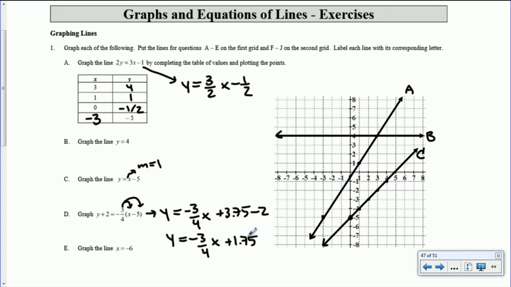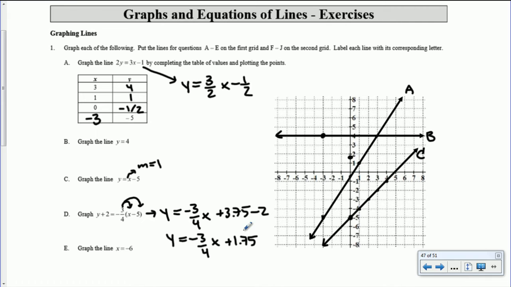So 1.75 is about there. One thing you can do is obviously put this into your graphing calculator, and it works out that there's a nice value. So if you scroll through the table of values, negative 3 and 4 is through the crosshairs.